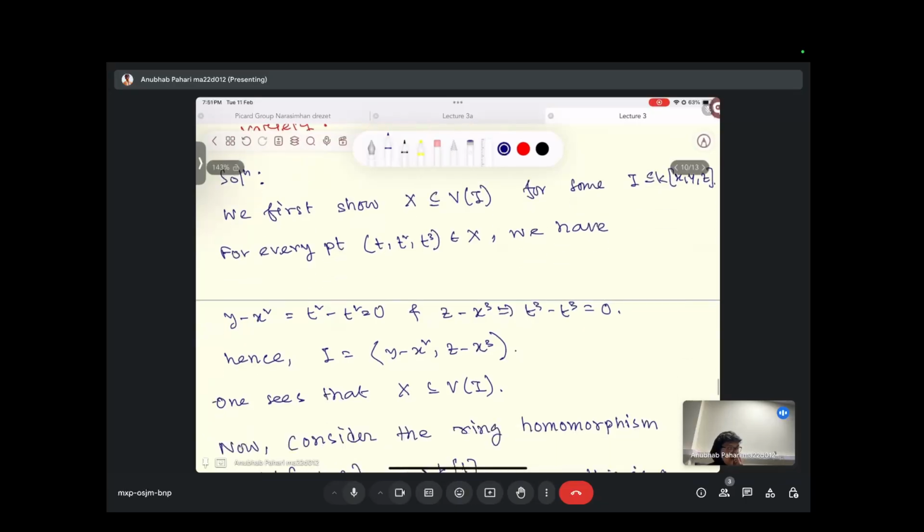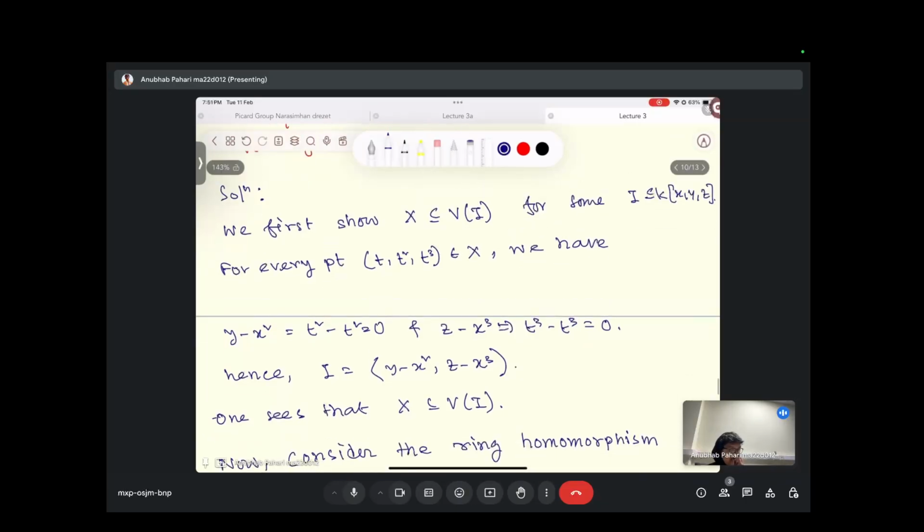And also in this condition, if your (x,y,z) belongs to V(I), then you see that y is equal to x^2 and z equals x^3.